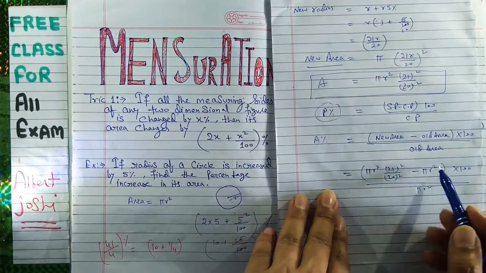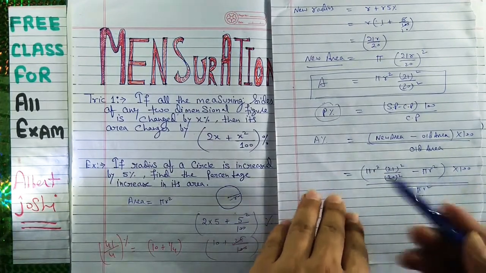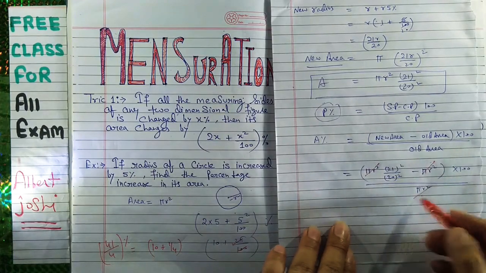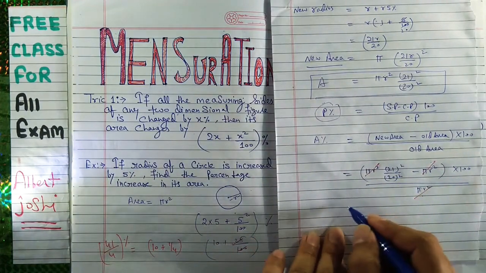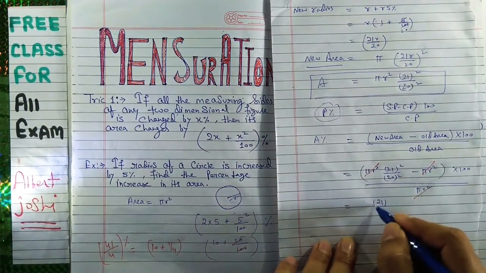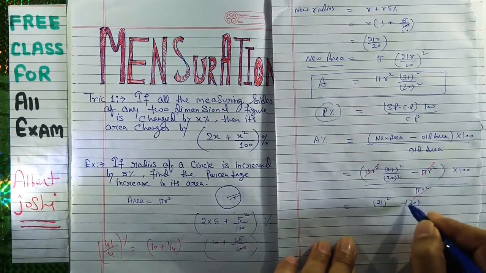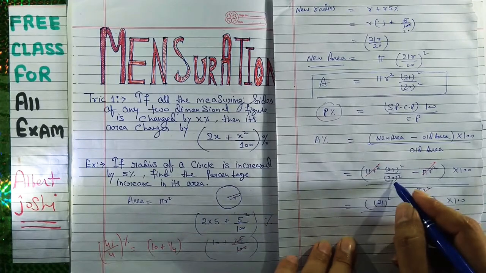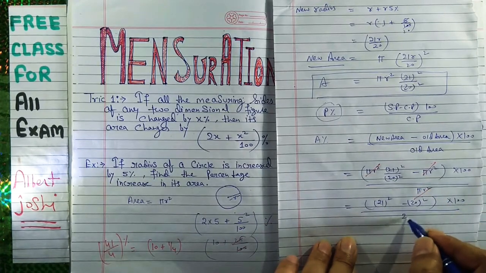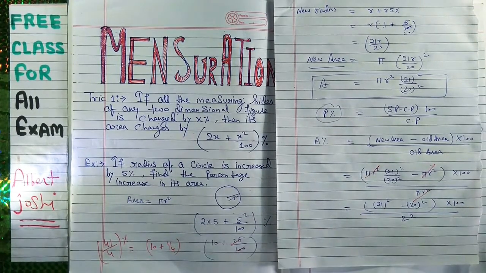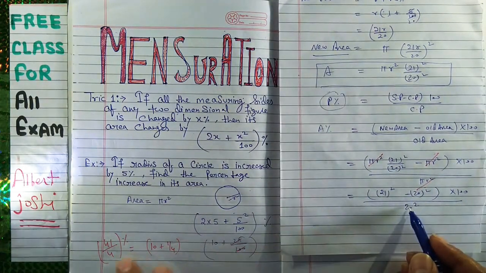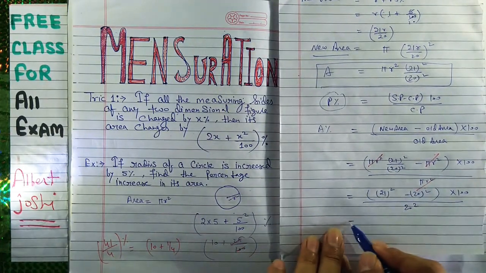Now pi r square is here and also below, so it will cancel. After that you will get 21 square minus 20 square into 100 over 20 square. Now you can calculate this value.